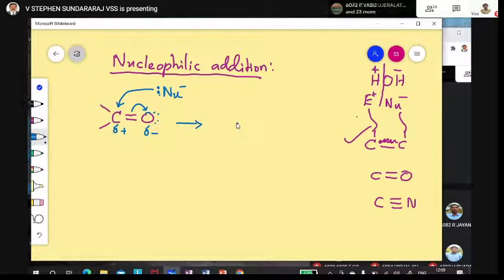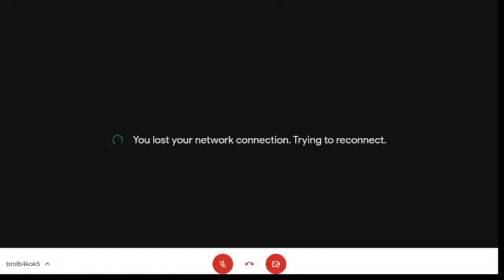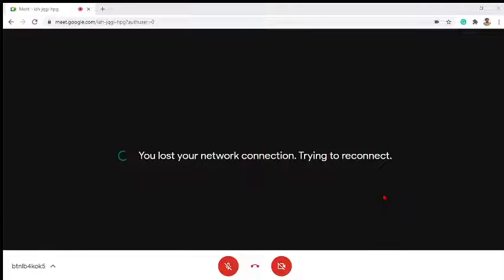Right now I am writing carbon. These 2 bonds come here because one more is coming. This nucleophile is attached, and here oxygen now has 3 lone pairs with 1 bond. That means 1 extra electron, so the minus sign will come here. Then the electrophile, generally a proton from the solvent medium, is added.